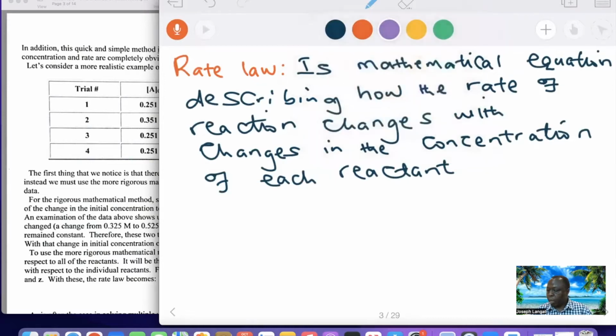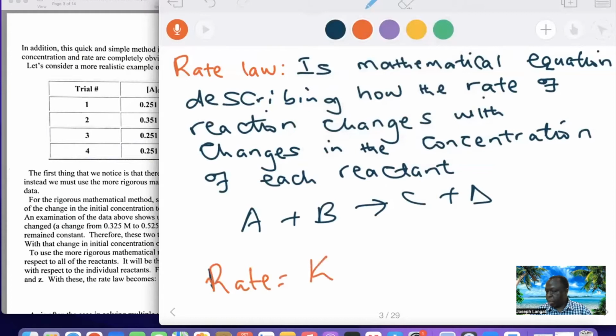If we have reaction A and B going to C and D, we can say rate equals rate constant times the concentration of A times concentration of B, each raised to some whole number integers, or sometimes a fraction, where m and n represent the reaction orders with respect to reagent A and reagent B. This is a mathematical expression describing how the rate of reaction is progressing.